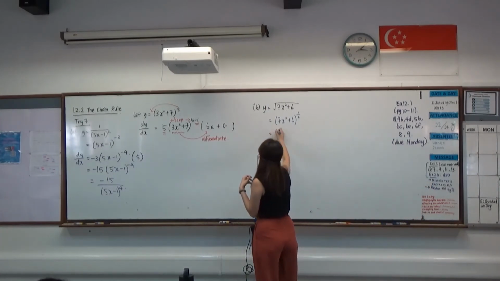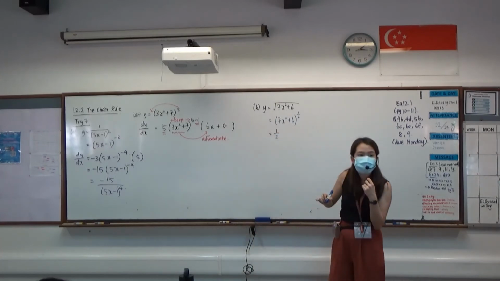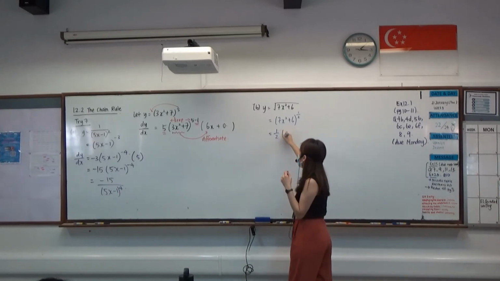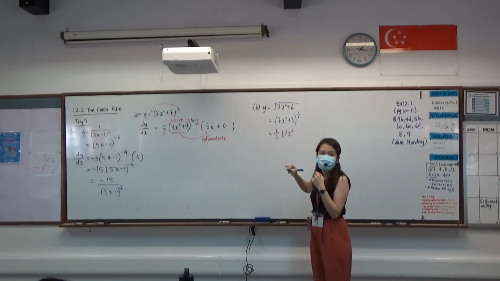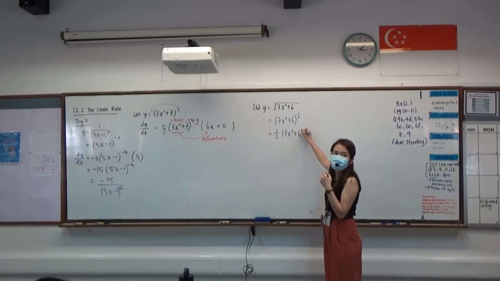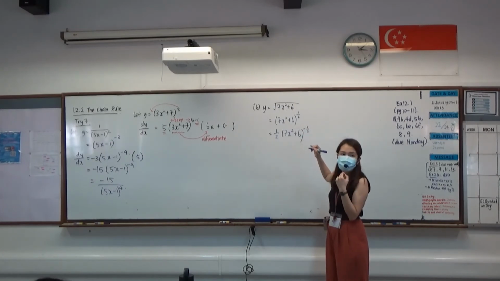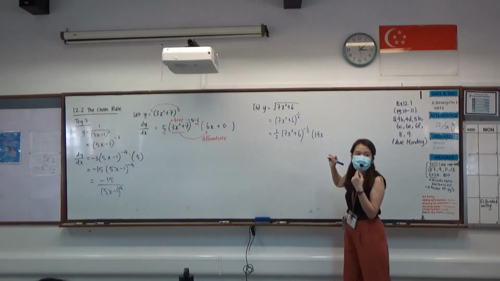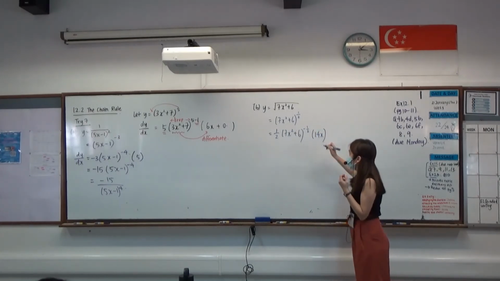Half, then 7x squared plus 6 to power negative half times 14x. Anything else? Okay.